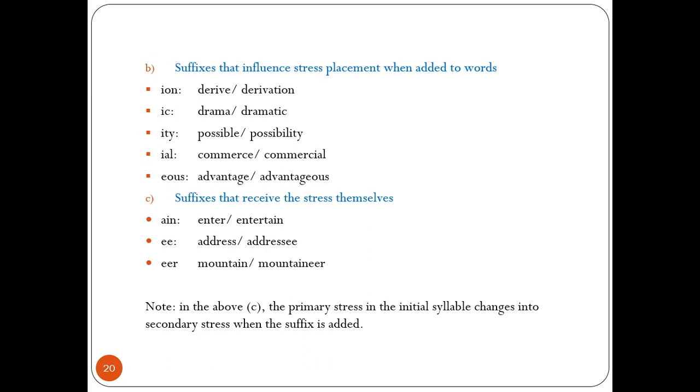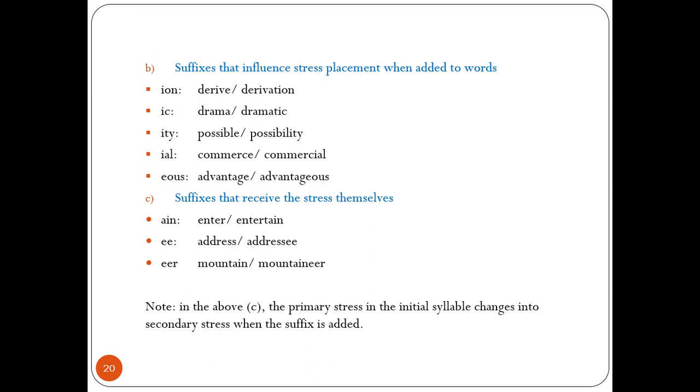So what happens is that the tain, the last syllable, is actually a strong stress, tonic stress, the highest level, and this en becomes what? The secondary stress. Without the suffix, it was the primary stress.